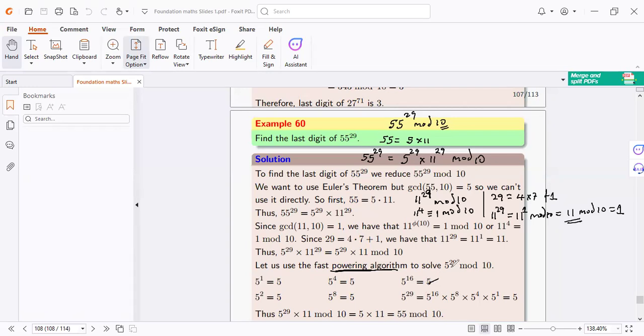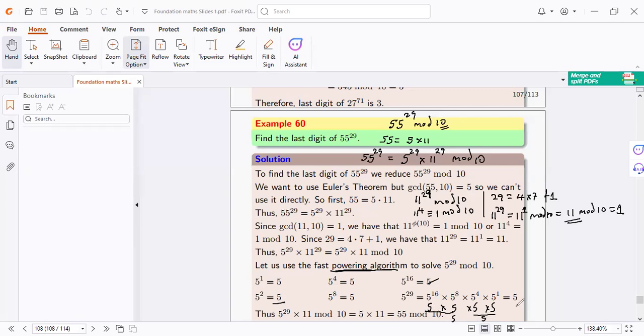So 5 raised to 29 is 5 raised to 16 plus 8 plus 4 plus 1. This part is 5, this other part is 5, this other part is 5, and the other part is 5. These two 5s will give us 5. These two 5s also will give us 5.